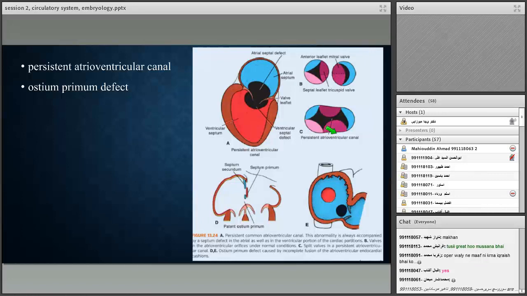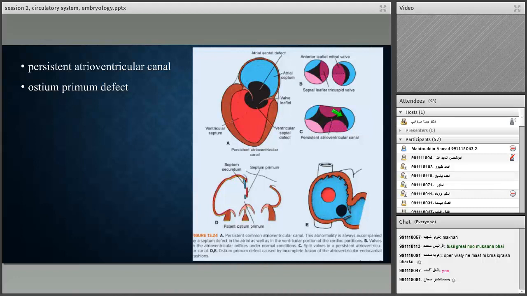This septal defect has an atrial and ventricular component, separated by abnormal valve leaflets in a single atrioventricular orifice. Instead of separate tricuspid and mitral valves, we have this problem. We have just one atrioventricular canal.